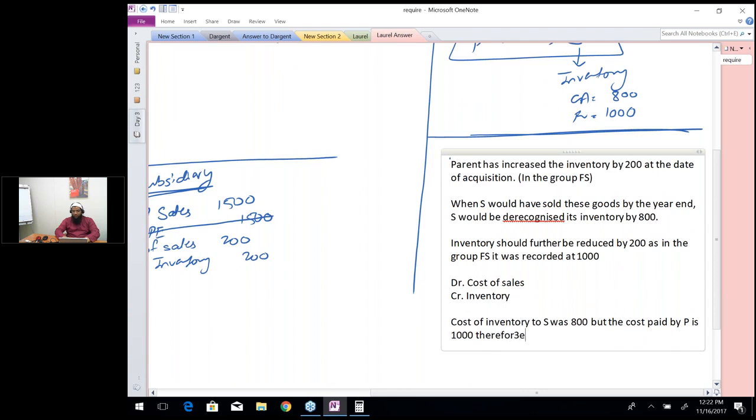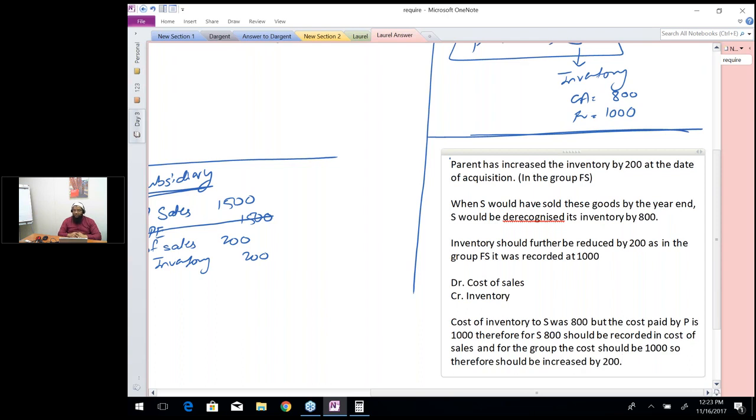Therefore, for subsidiary, 800 should be recorded in cost of sales, and for the group the cost should be 1000. So therefore it should be increased by 200.